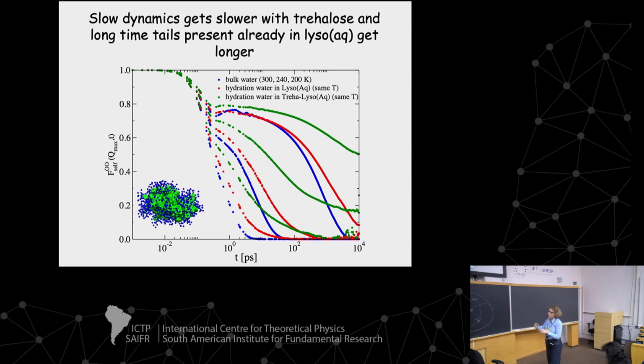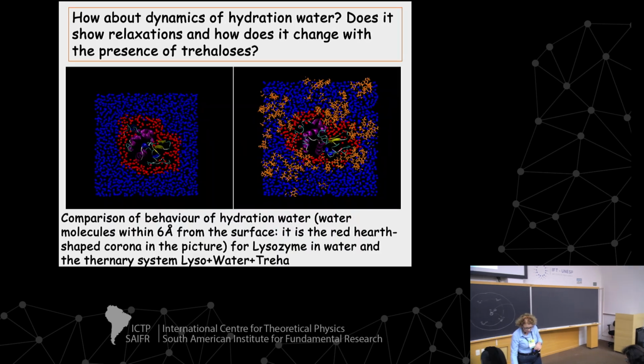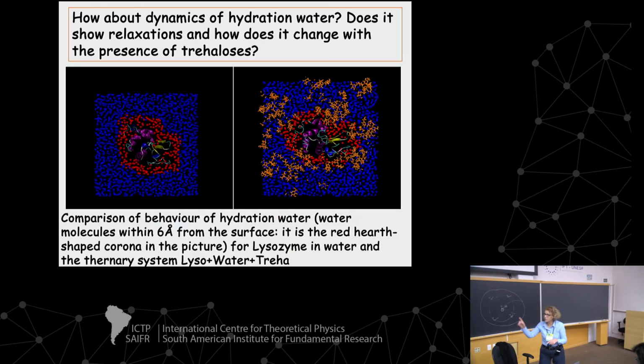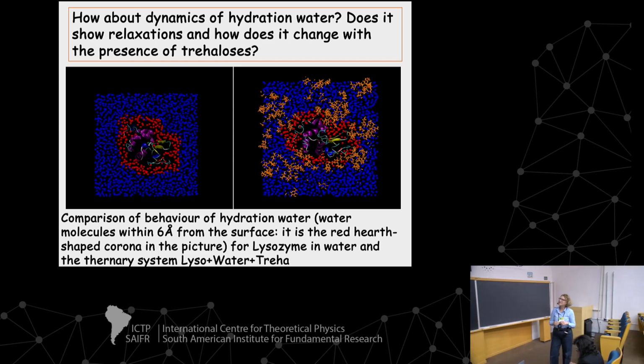So this is what we found out too, but this analysis that I'm going to present now is only for hydration water, so for the first 2 layers of water. The correlators that you're seeing now are bulk water, the blue, and then the red is water close to the surface of the lysozyme, so only the red part that looks like the Rolling Stones lips.